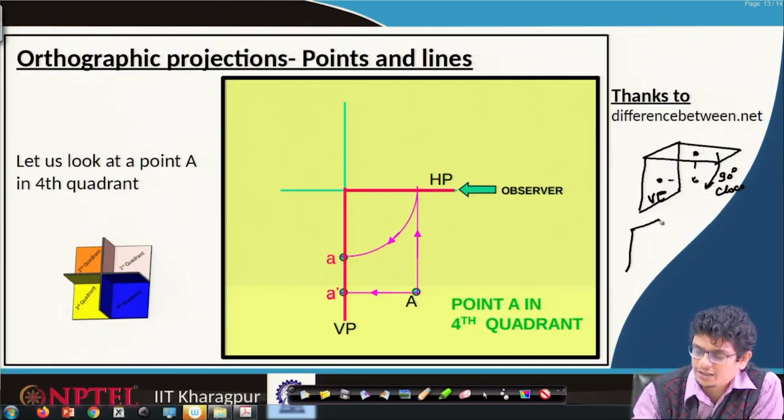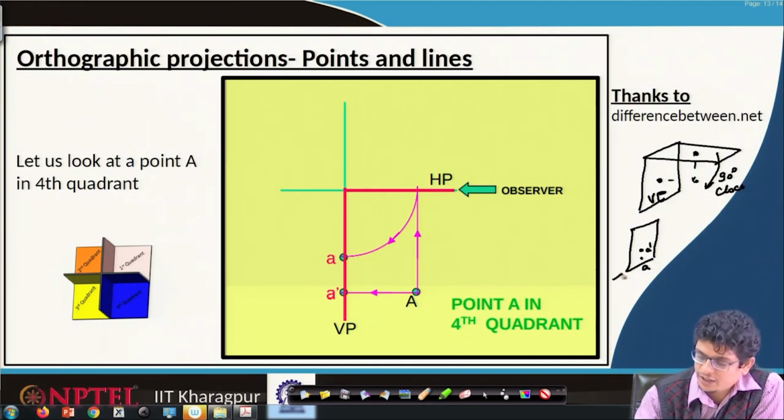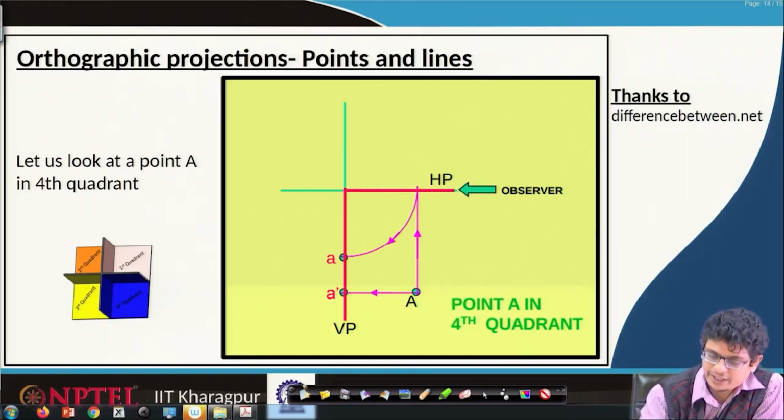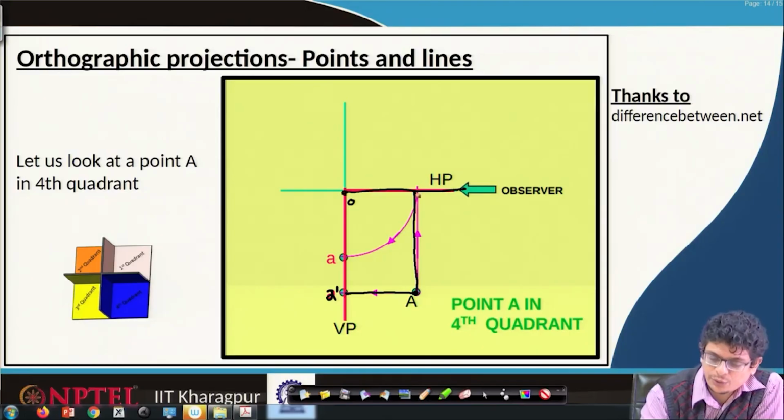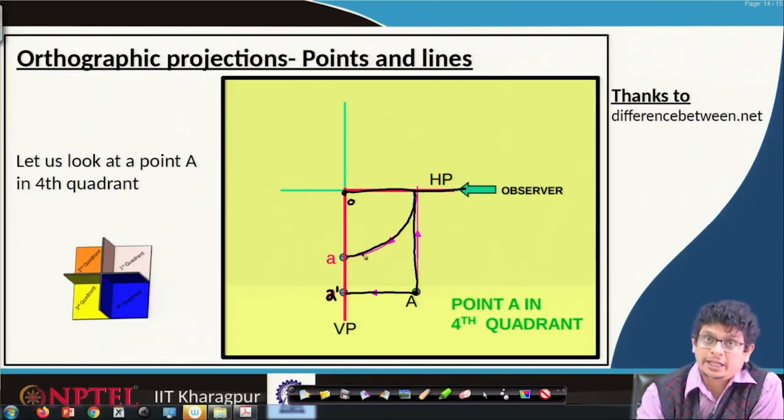If we do that, they will coincide, one projection A prime, the other projection A. If we are looking from this side, one is A prime, the other one is A. So, here the point A projected onto the vertical plane is A dash, and projected onto the horizontal plane, from its origin rotated by 90 degrees in the clockwise direction, gives the projection of A.